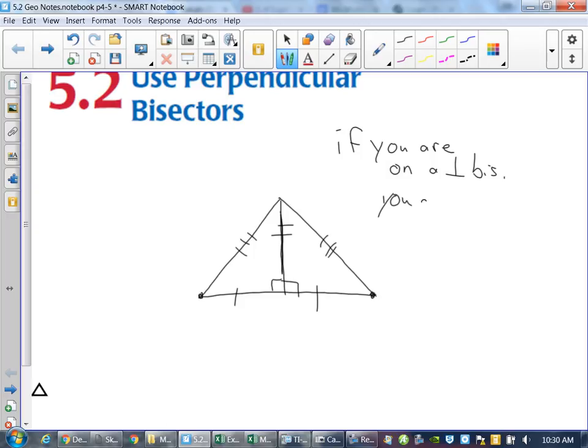You are equidistant to the ends. Okay? You're equidistant to the ends. And the reason that it happens is because a perpendicular bisector creates side angle side.